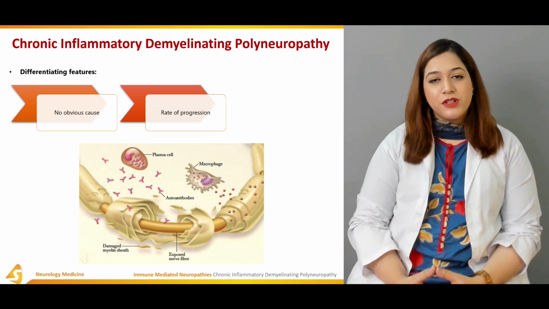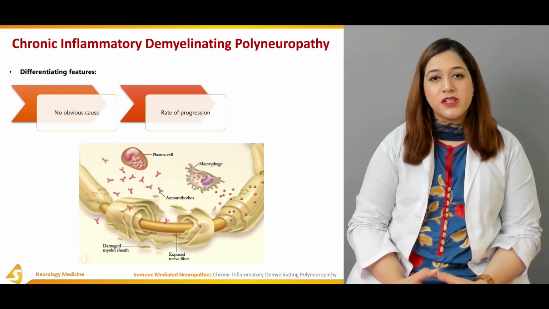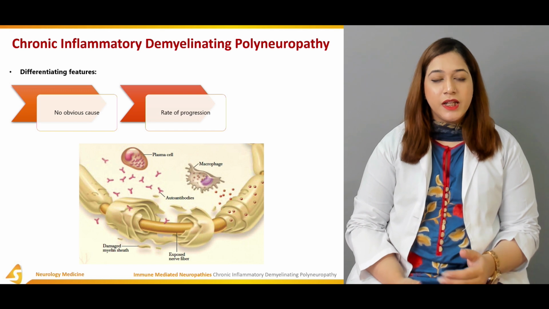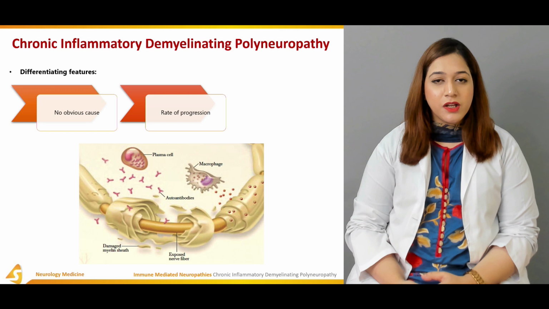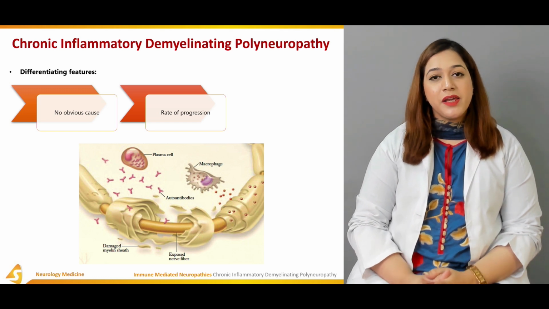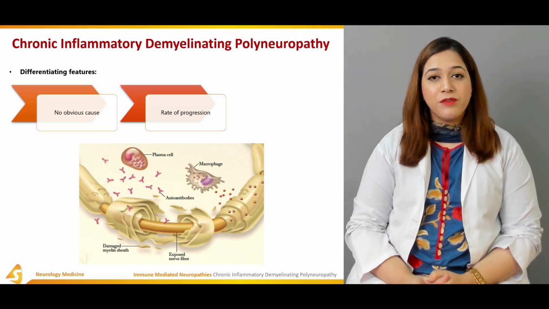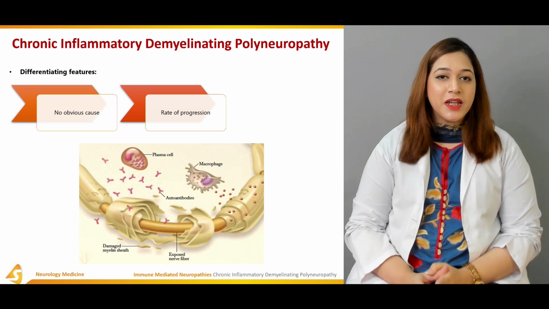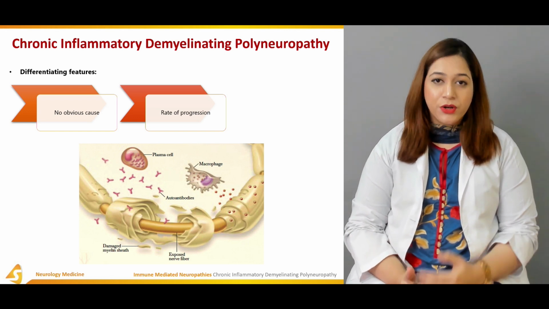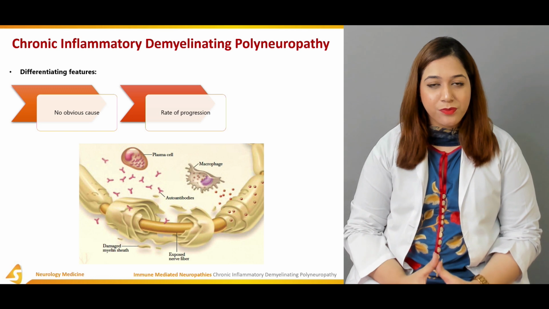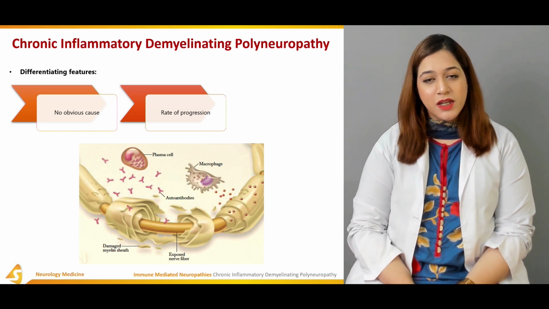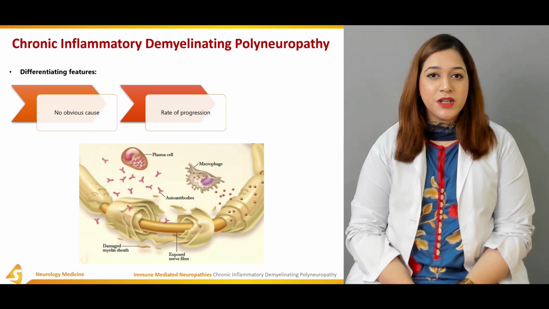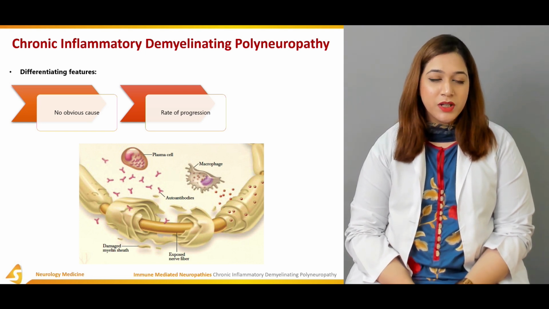GBS is a subacute disorder that usually progresses over 3 to 4 weeks. Then it plateaus and improves with time and does not recur. Whereas CIDP has symptoms which are ongoing for around 8 weeks and it does not improve unless ongoing treatment is given. CIDP has a slower onset and the rate of progression is far more insidious.